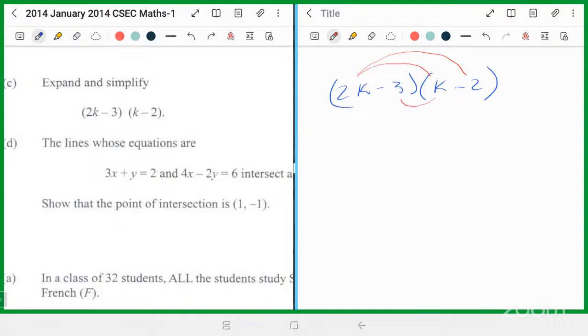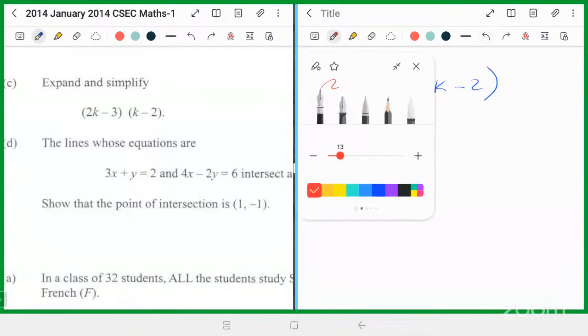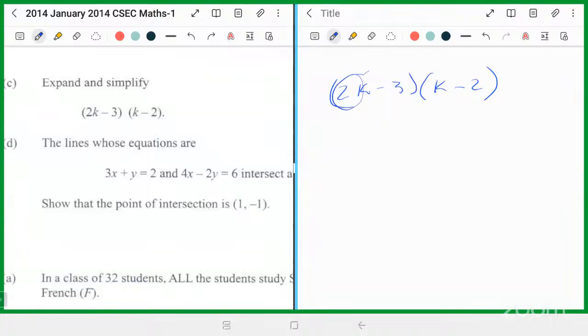Or you can say, use this 2k, multiply each of these first. You're going to use a minus 3 and multiply each of them as well. Alright, so we're using the 2k first. 2k times this and then 2k times that. I'm going to get 2k squared minus 4k.